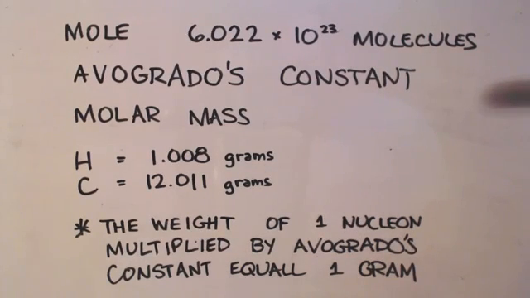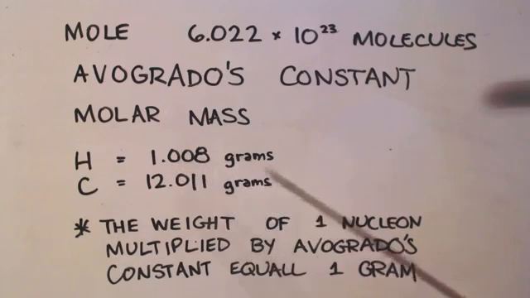But 90%, and I'm making up numbers here, of all hydrogen in the universe only has one proton. It doesn't have any neutrons. Very little hydrogen has a neutron. When they figure out these molar masses, they're figuring it for the average isotope, the average of all the isotopes together, and since most of them only have one proton and no neutrons, it would be 1.